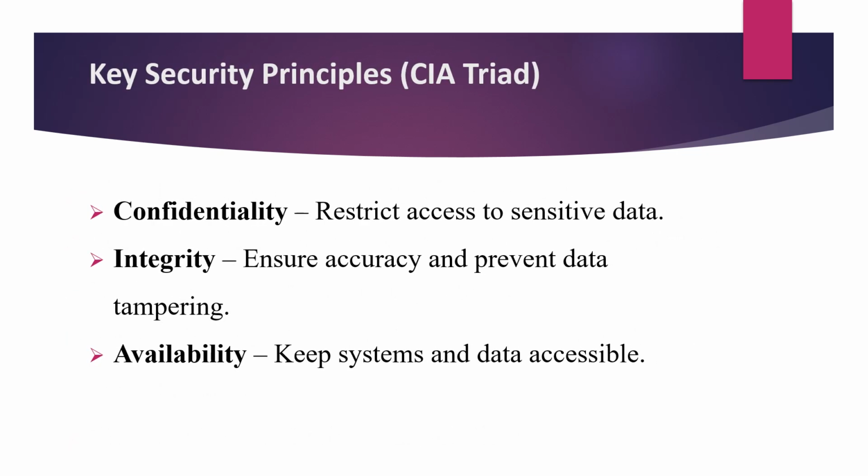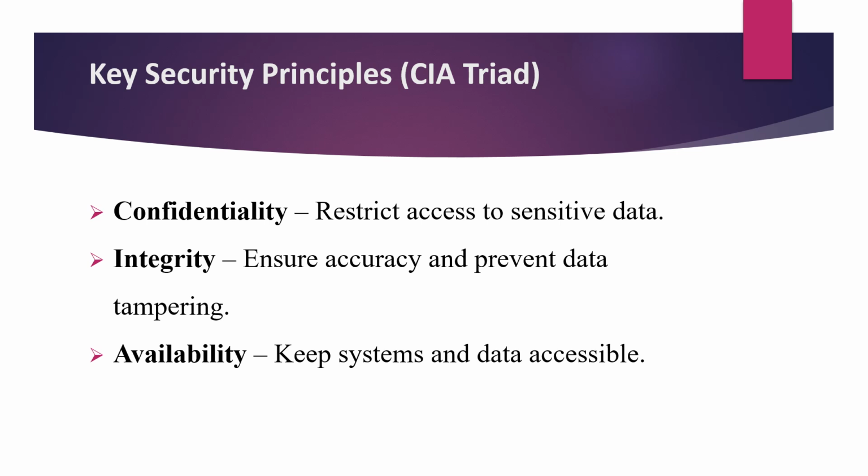One of the foundational concepts in cybersecurity is the CIA Triad: confidentiality, integrity, and availability. 1. Confidentiality, ensuring that sensitive data is accessible only to authorized users. For example, encryption is used to protect confidential data from unauthorized access. 2. Integrity, ensuring that data is accurate and has not been tampered with.